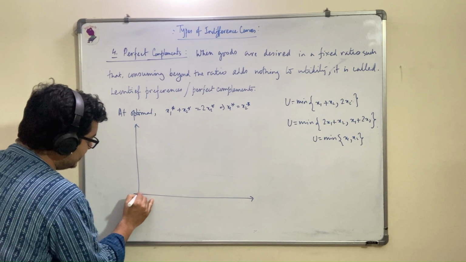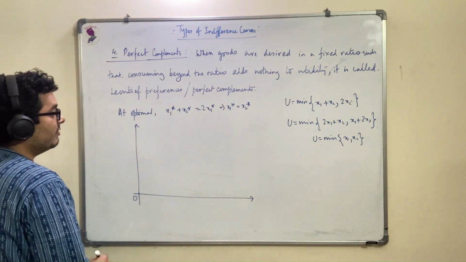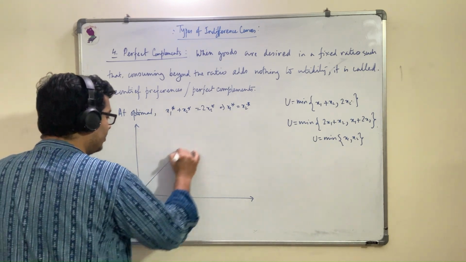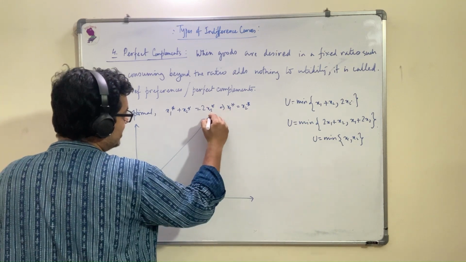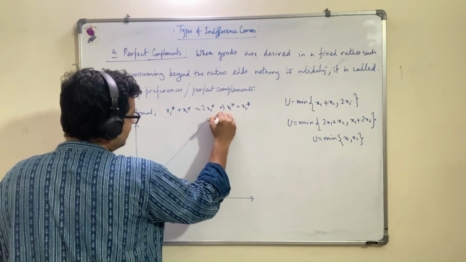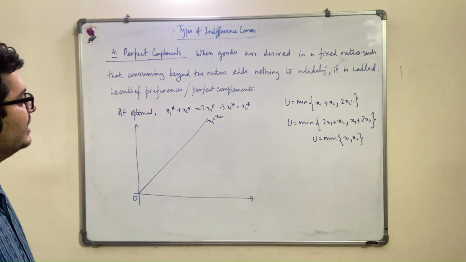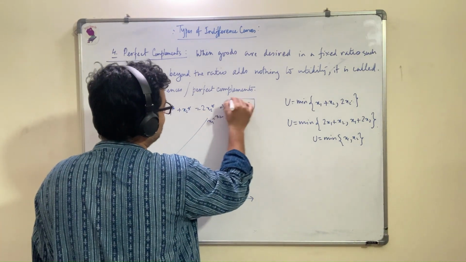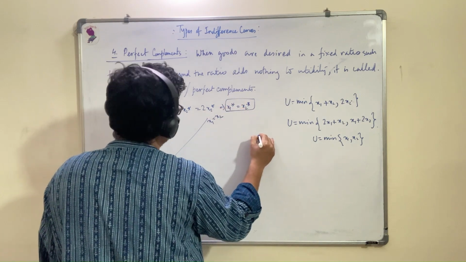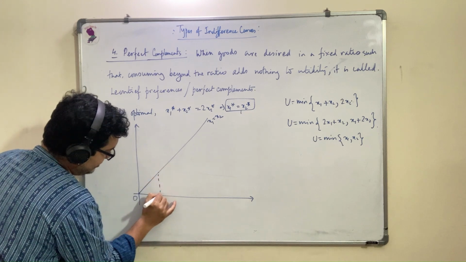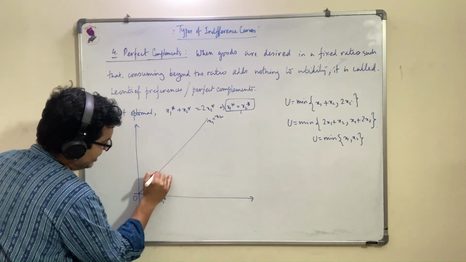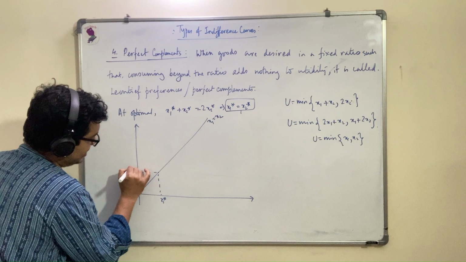What we understand is that the equilibrium points will lie on a 45-degree line. Of that there is no doubt. So this line corresponds to x1 equal to x2. Now let us choose a specific point like this. Let's say this is our x1 star, this is our x2 star.